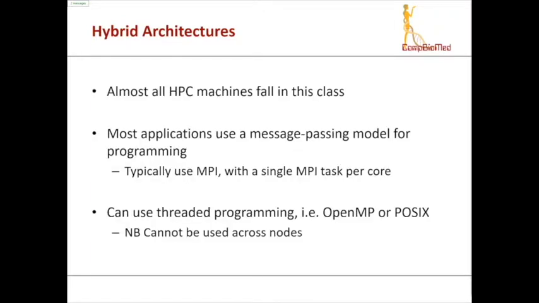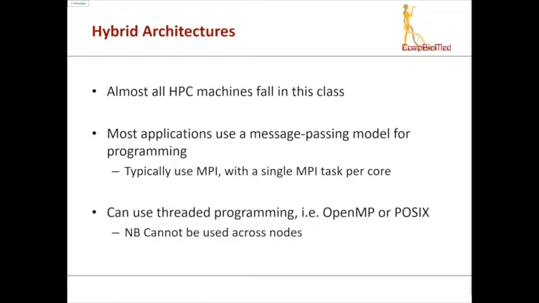So all HPC machines fall in this class. It's distributed memory nodes where each node has multiple cores all sharing the same memory. Most applications use a message passing model so that they can communicate between cores, whether that core is inside the same node or on a distant node. And typically the library used is MPI, with a single MPI task per core.